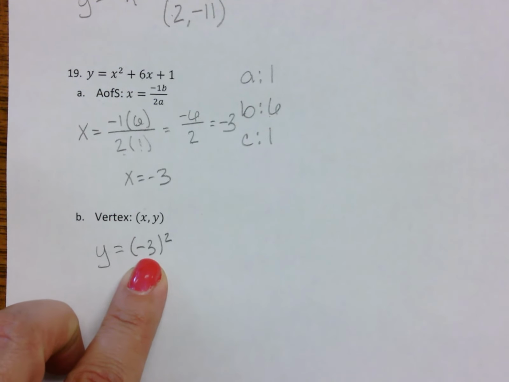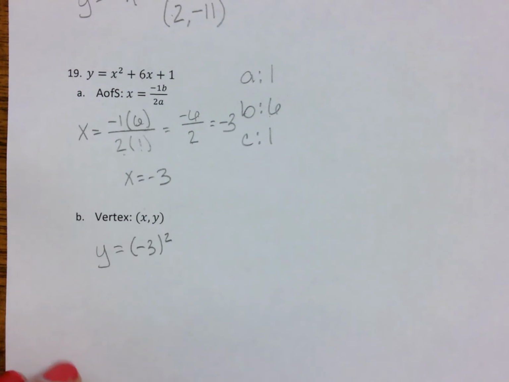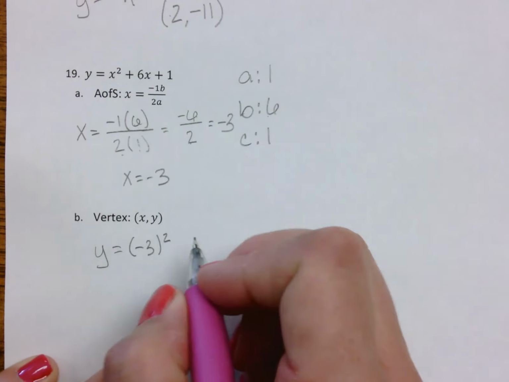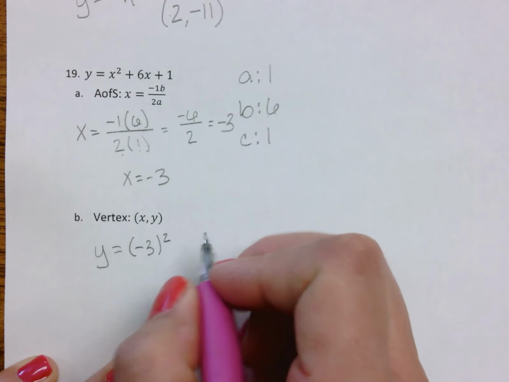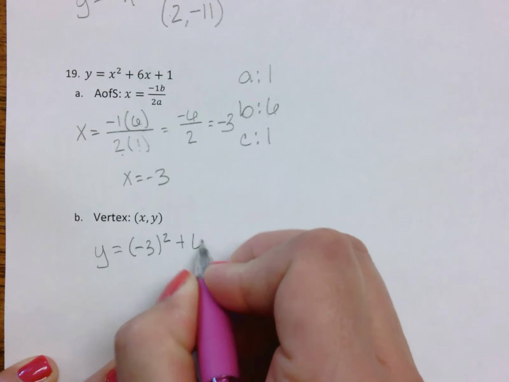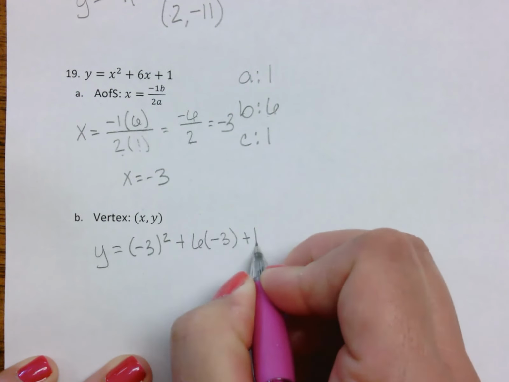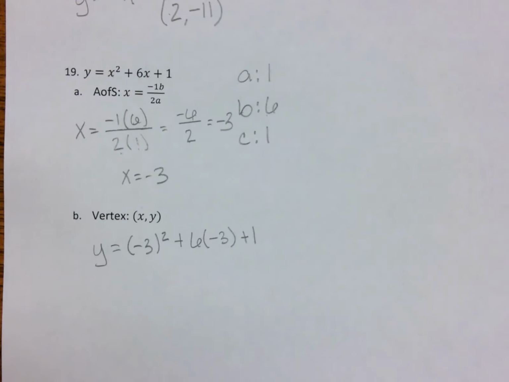You want to know what negative 3 times negative 3 is. If you don't put the parentheses, the calculator will calculate it as the opposite of 3 squared, and it'll just say 3 times 3 instead of negative 3 times negative 3. And then we're going to say plus 6. We're going to take the x out, replace it with a negative 3, and then plus 1 at the end.